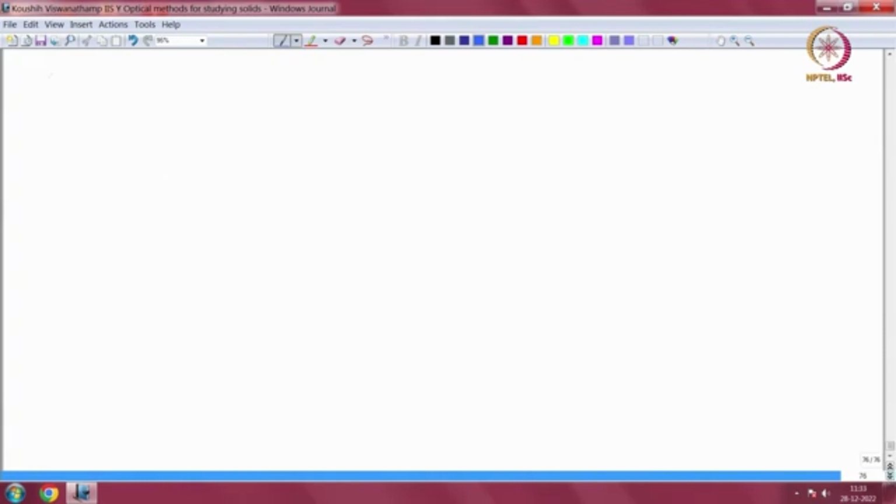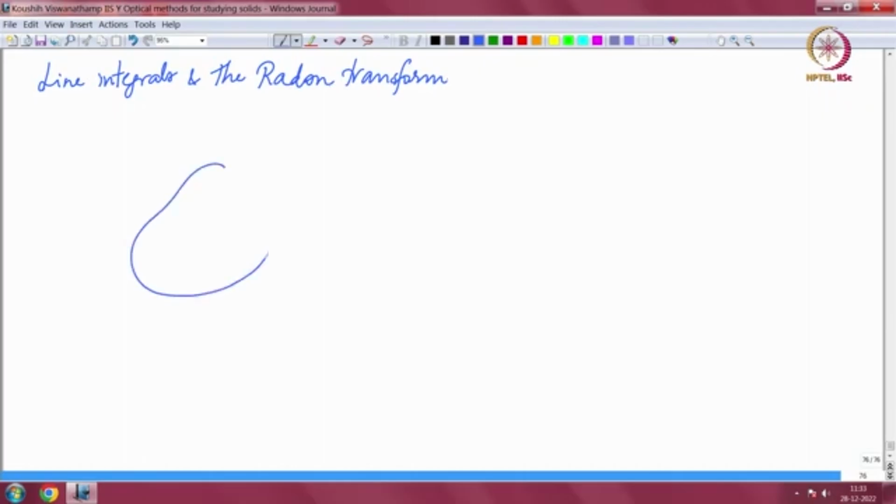So, we will talk about what is called a line integral, and excuse me, what is called the Radon transform. So, let us say this is our cross section. We have a square and inside the square this is our actual object.